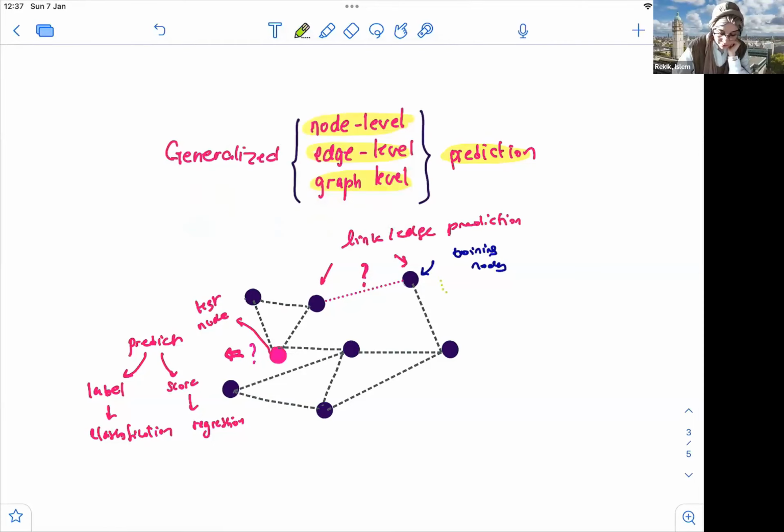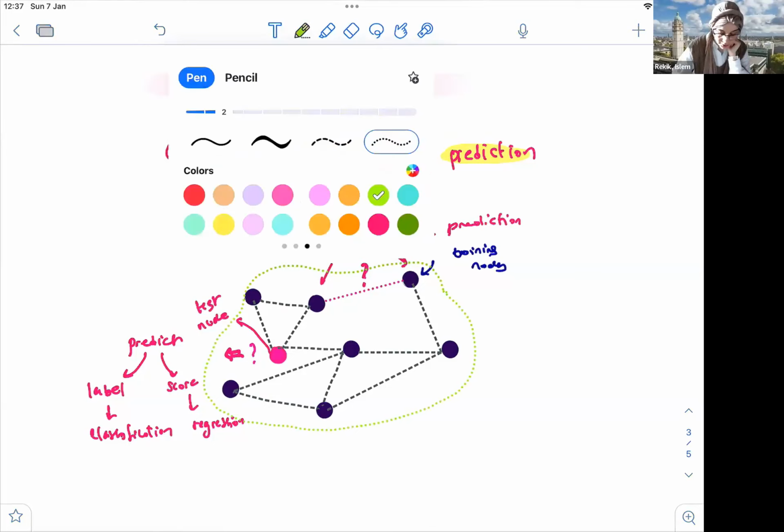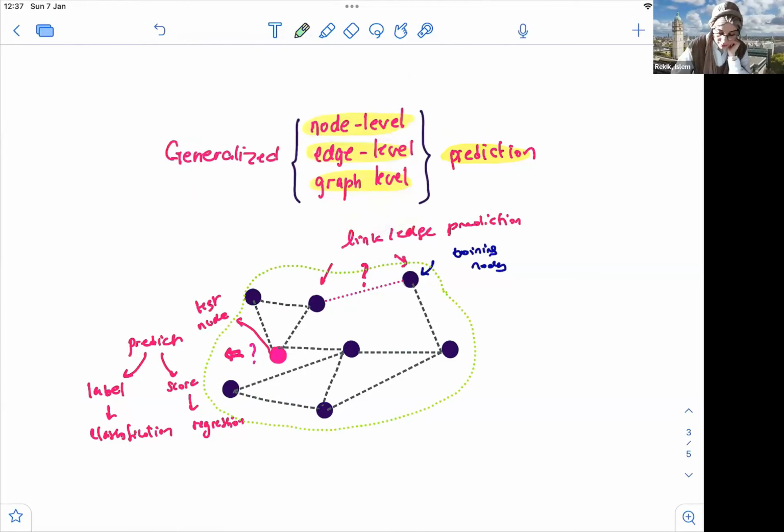Now the last one is kind of simple. You have a whole graph, and you want to do a graph-based prediction. You want to classify the graph, so you assign it a label. This is a classification problem. Or you want to give it a score, so you want to regress it, or you want to, for example, generate another graph from it.